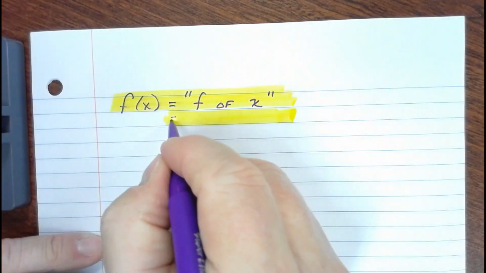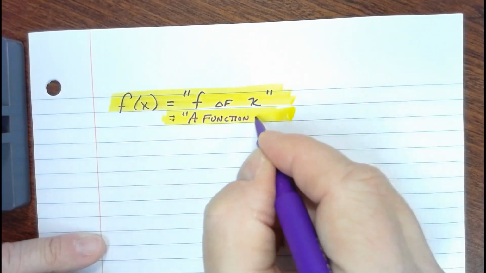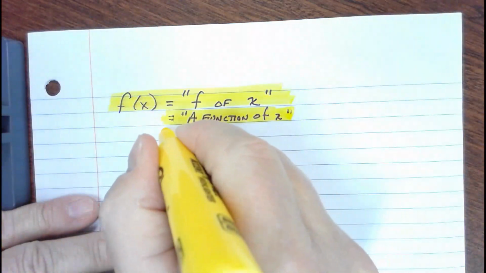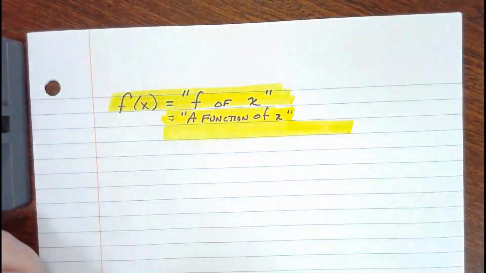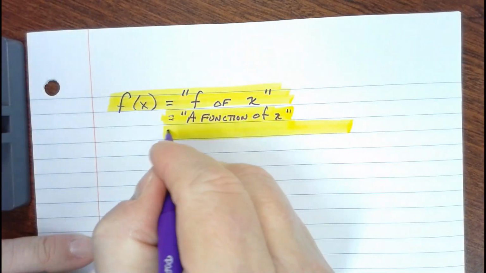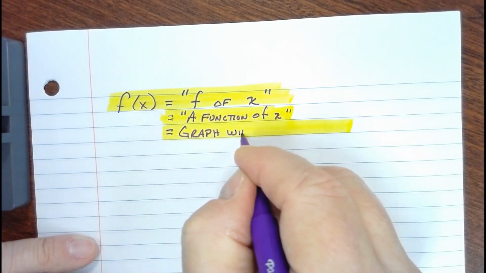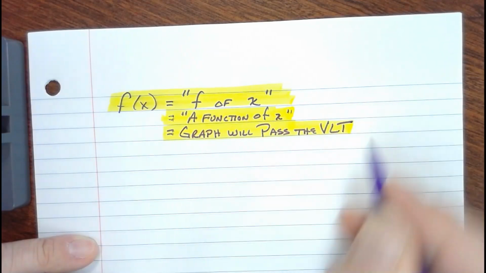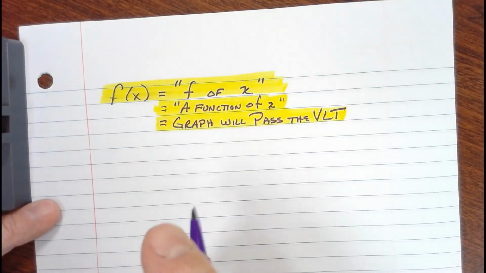And it means a function of x. It means the graph will pass the vertical line test. It means it will pass the vertical line test.